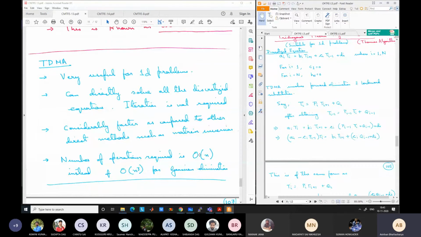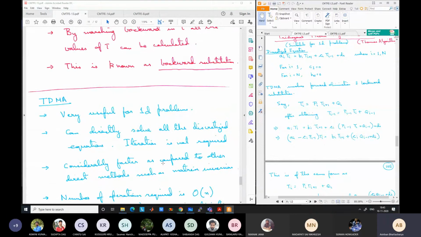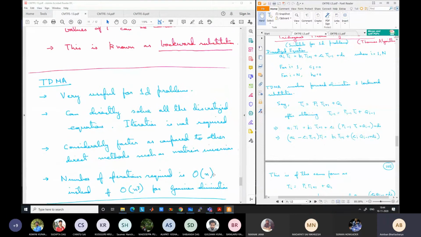It means that if I increase n by 2 times, instead of 10n calculations, we will have 20n calculations. It will increase linearly with n, instead of increasing cubically, which is the case for Gaussian elimination, which is the standard method of solving this type of equations.